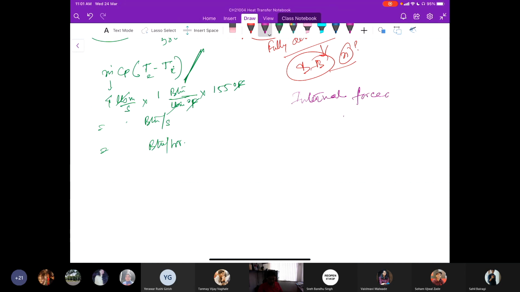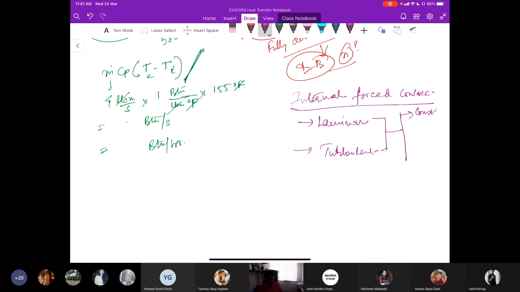convection, forced convection. In internal forced convection, there would be laminar flow and turbulent flow. In both cases, there will be two different types.